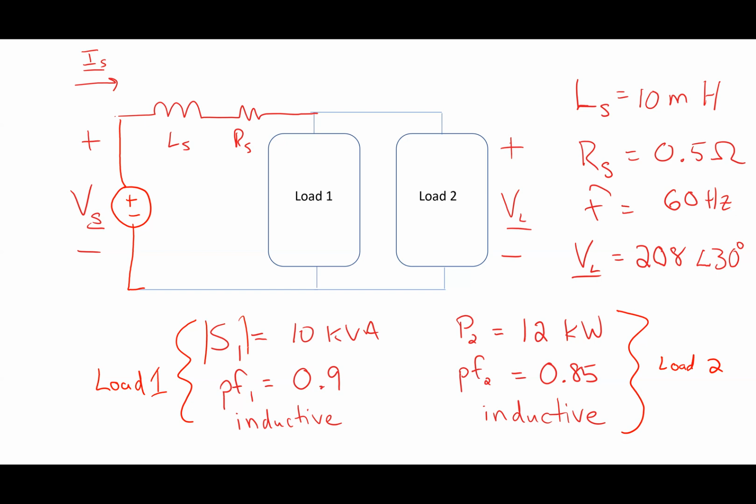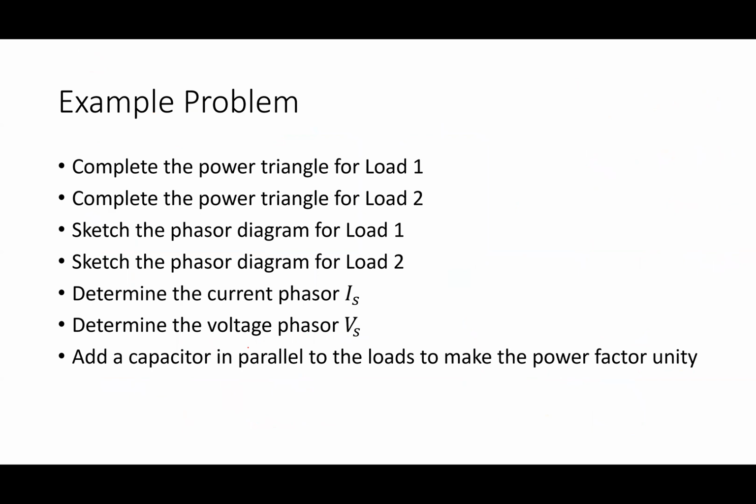So the fact that they're inductive tells me that for both of the loads, for Z1 and Z2, phi Z1 is between 0 and 90 degrees, and phi Z2 is between 0 and 90 degrees. Sometimes you'd say it's leading or lagging.